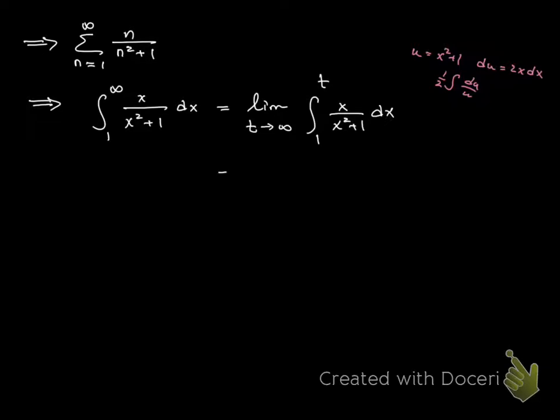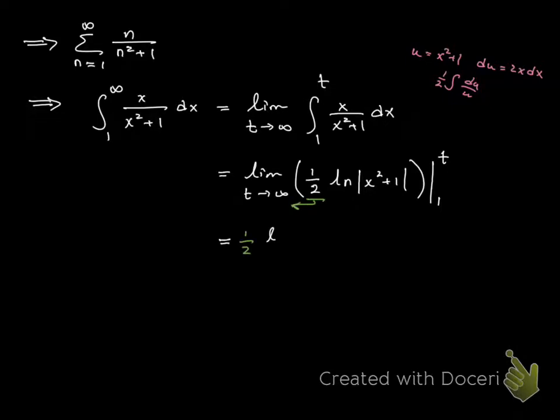So this is then the limit as t goes to infinity of 1/2 times the integral. When I take the integral, I get the natural log of the denominator, x squared plus 1, and evaluate all that from 1 to t. I can pull this 1/2 out front, all the way outside of my limit.